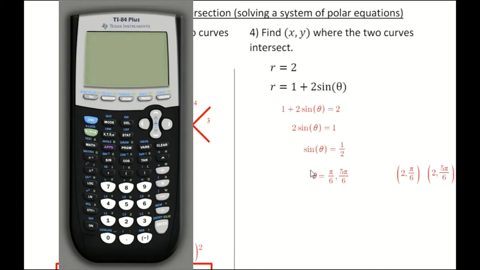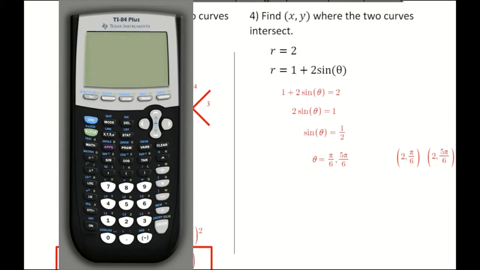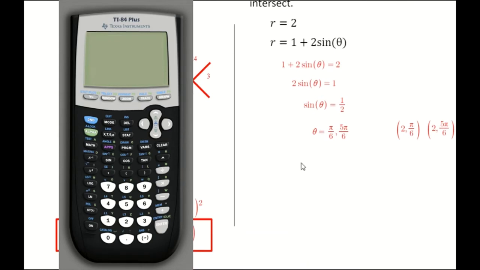Let me get rid of that unit circle so you can see everything I'm typing over here. So again, we've got our two coordinates in polar form, 2 comma pi over 6 and 2 comma 5 pi over 6. But we need to convert this to xy, and we're going to use those same conversion equations that we used before. So x equals r cosine theta and y equals r sine theta.